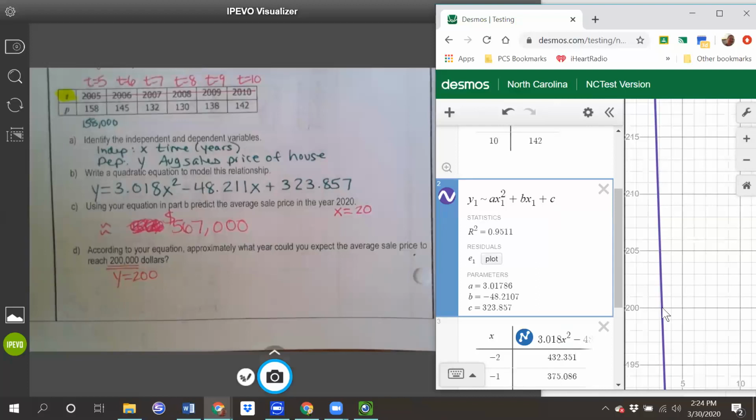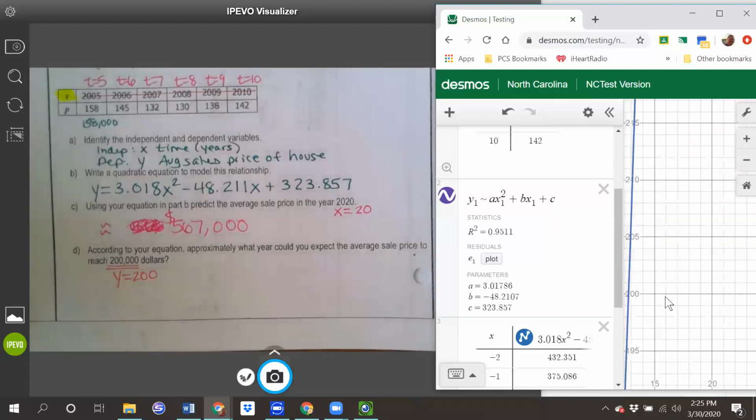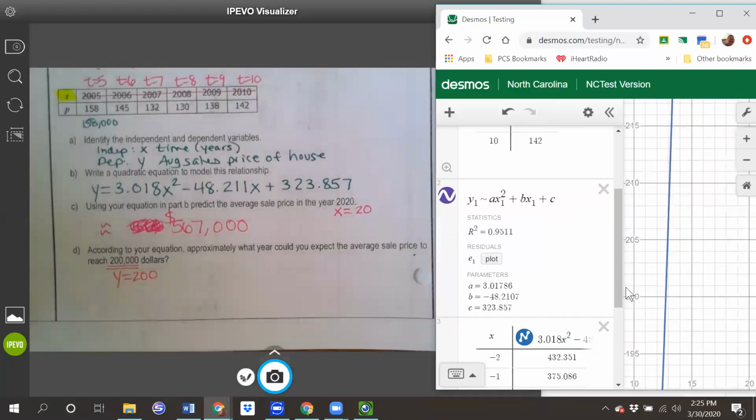So this right here, my Y value is close to 200, but that's only 3. So that means in 2003. Well, that is before this chart started. So that means that I want to come over to this one. I'm going to select that purple graph again, and I am going to plot my point right, well, 199.96, that's probably as close to 200 as I'm going to get.